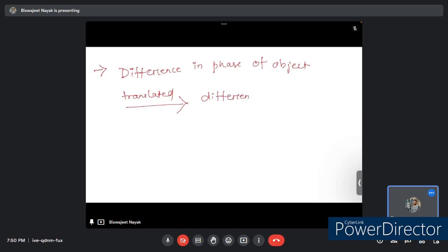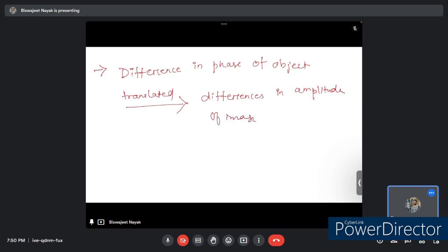Here, the difference in phase of the object is translated to differences in amplitude of the image.